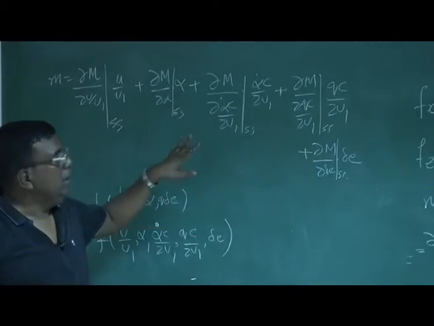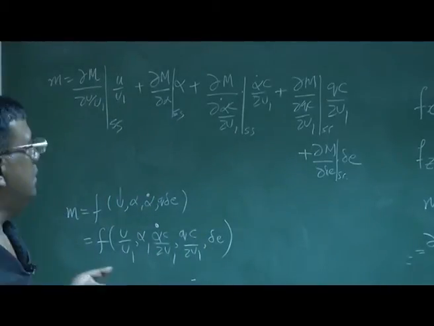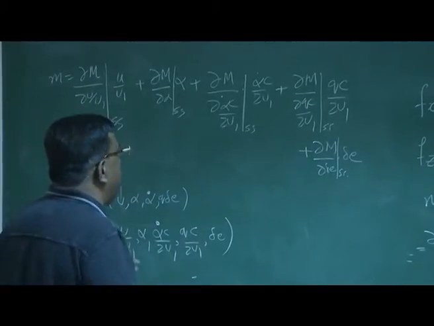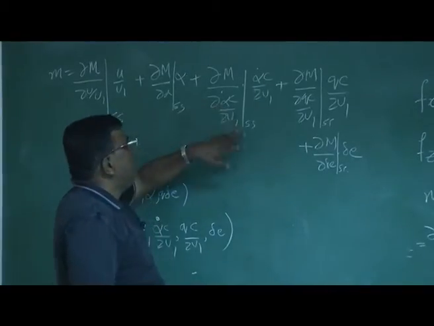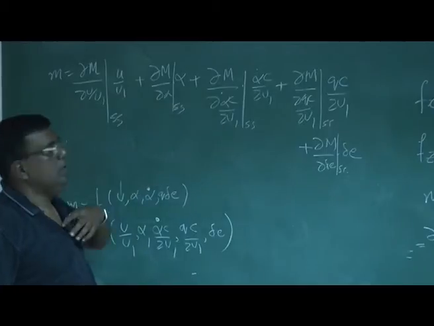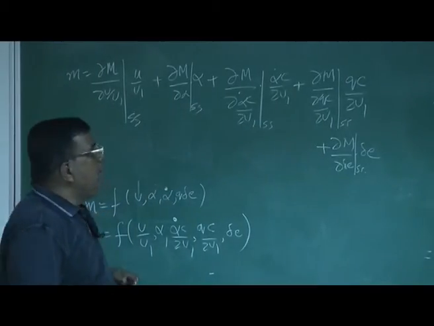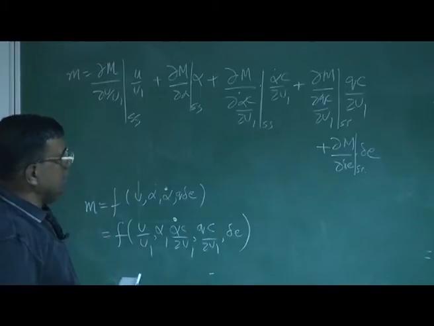As a matter of convention, 2u1 has been taken. Germans sometimes take alpha dot c by u1. For us, this convention is mostly agreed: it is alpha dot c by 2u1 and qc by 2u1, two factors there. Okay, so this is the expansion.